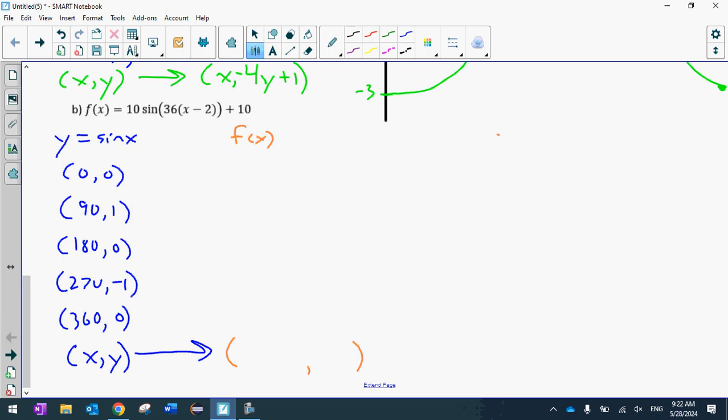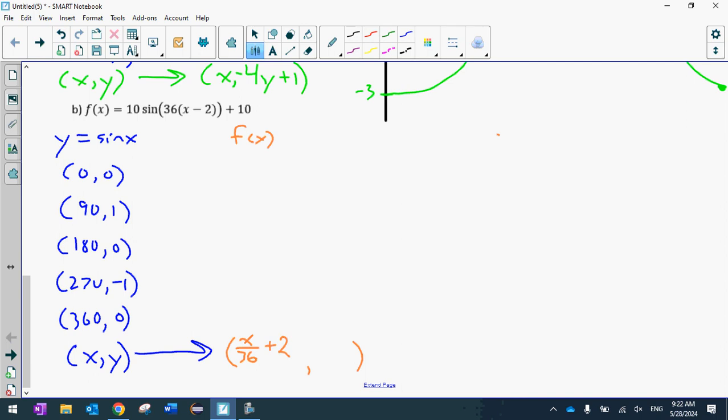Anybody want to take a stab at the x part? Okay, so in general, that'll be x over 36. If you don't mind me writing that. Okay, go ahead. Add 2, though. Okay, it's the opposite, so we're actually going to add 2.